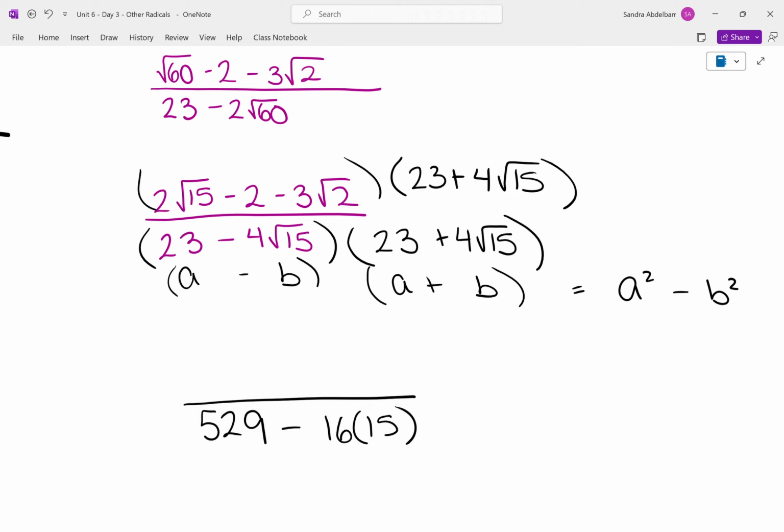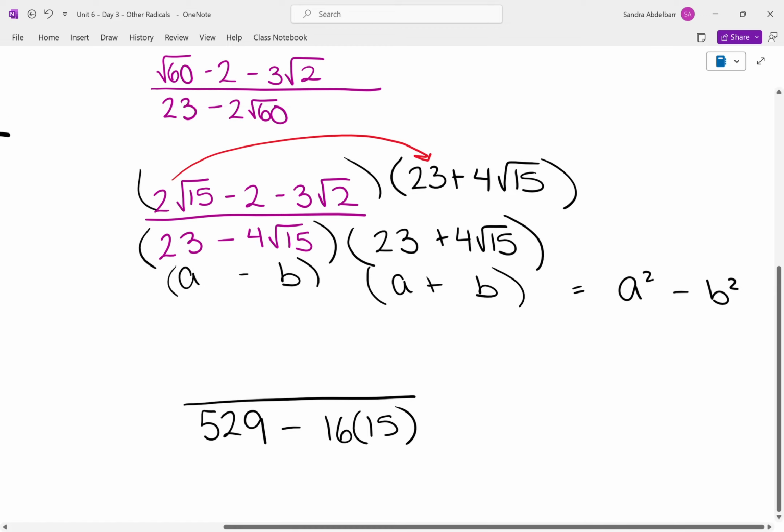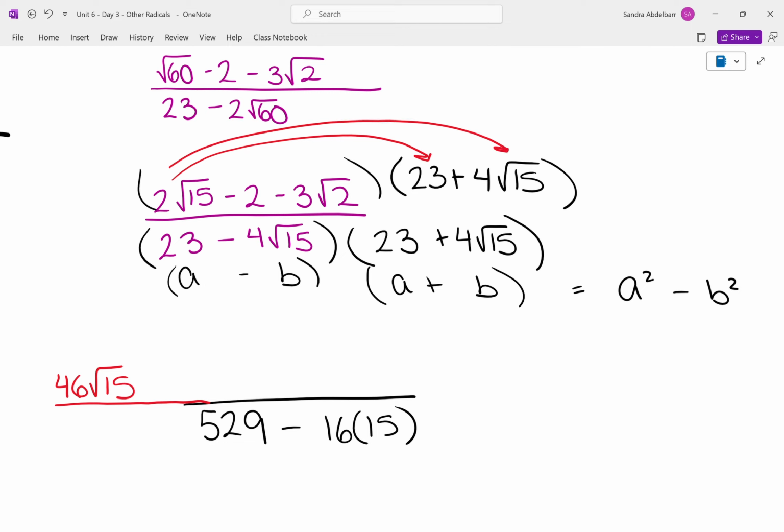All right, in the numerator, do I have to distribute out? Yeah, in the numerator, I have to distribute out. So let's do that. 2 root 15 times 23 is 46 root 15. 2 root 15 times 4 root 15 gives us 8 times 15.